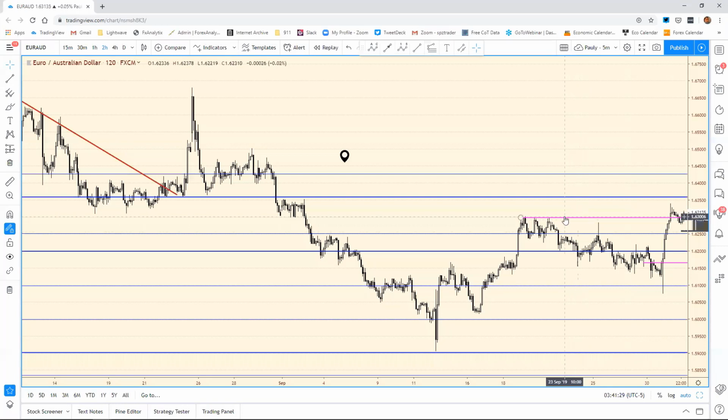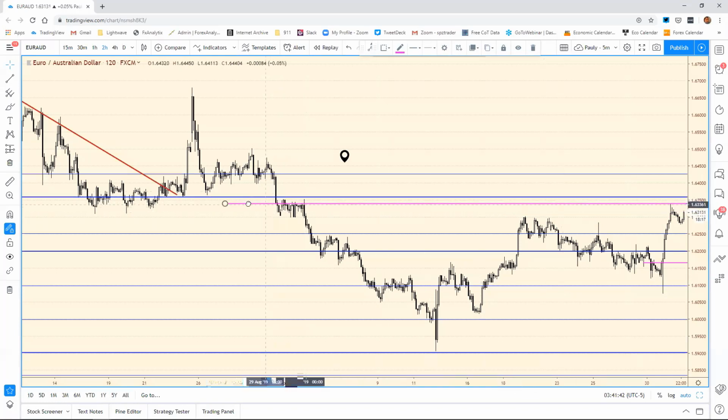This is the one pair where the euro continues to move a little bit further on here, but we'll move it to this level. I'm rather hesitant with the way the euro's been acting.